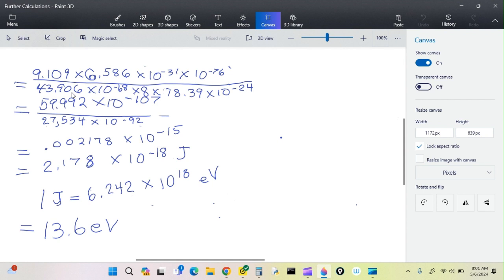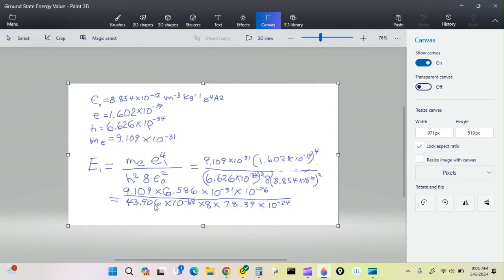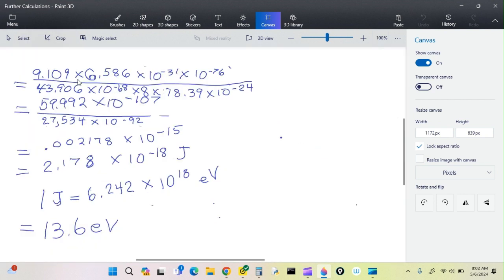Let's go back to that other screen and find out where this 43.906 came from. 43.906 came from squaring 6.626. And the 6.586 came from raising that to the fourth power. 9 times 6 gave us this value, the 59.992.